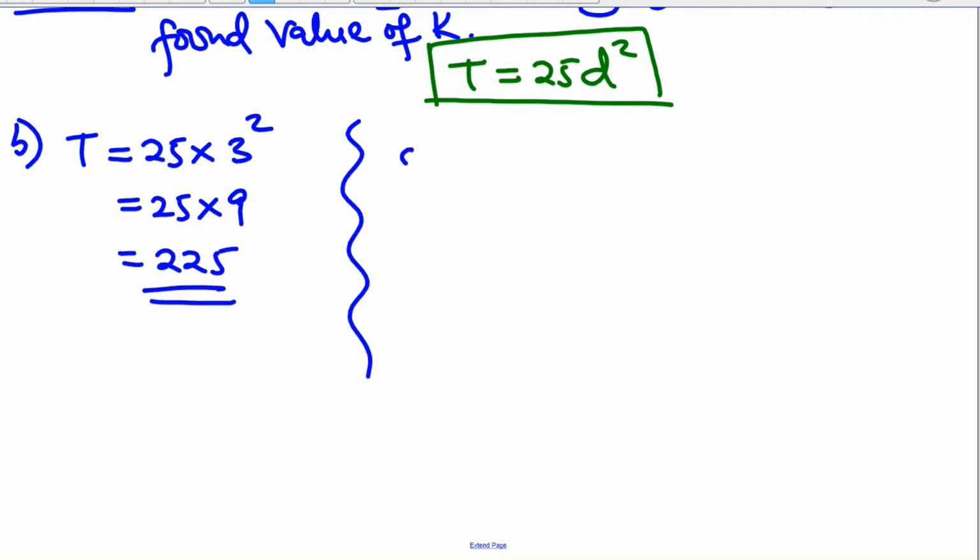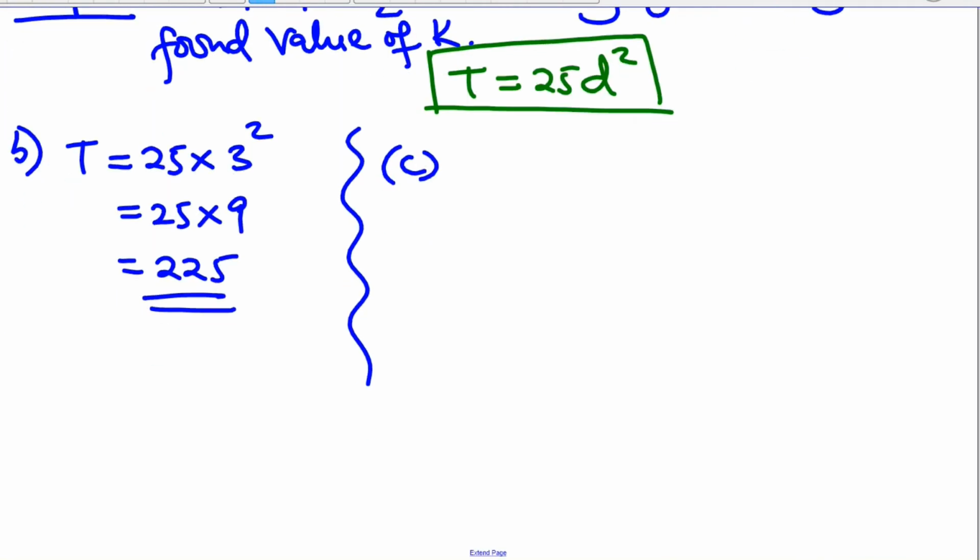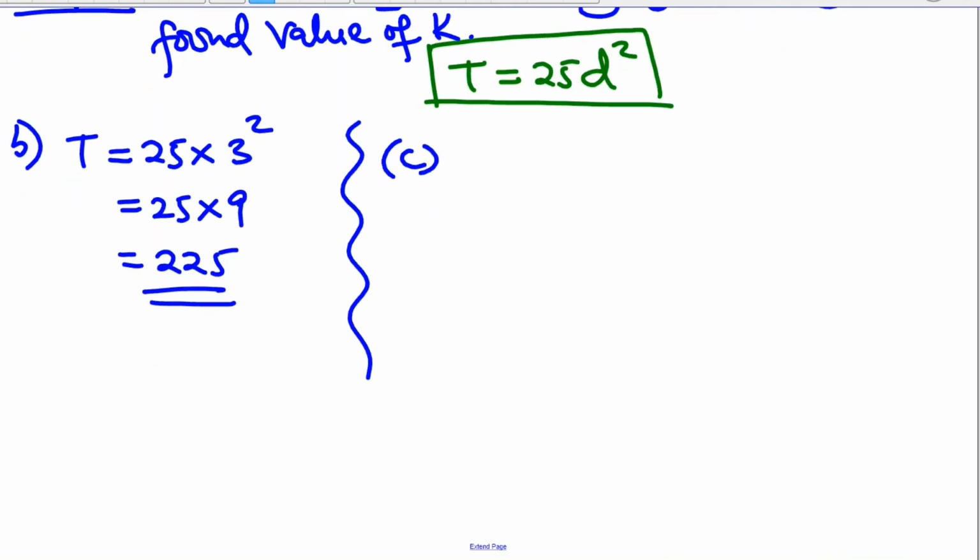Okay, and then for C, find the value of d when t is equal to 200. When t is equal to 200, you'll have 200 is equal to 25 multiplied by d squared. And by the way, the opposite of multiplying by 25 is dividing by 25.